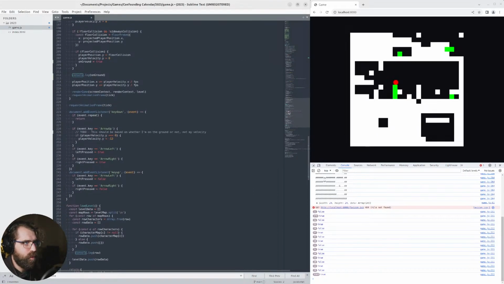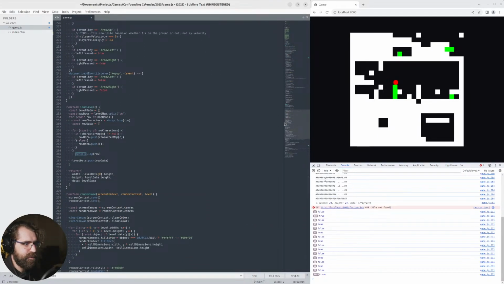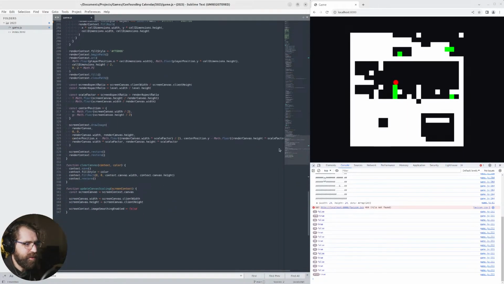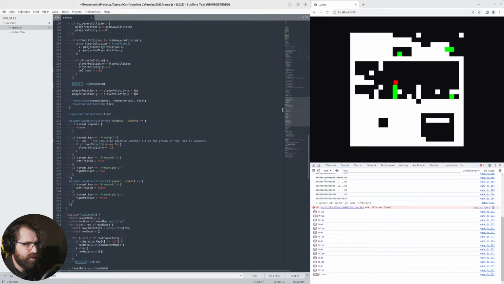And so what we want to do is, if we press up, in fact we're going to have to change this now anyway, aren't we? Yeah, because we're going to be changing the jumping logic. Okay. Should I keep it hacky to begin with? Maybe I should keep it hacky to begin with.